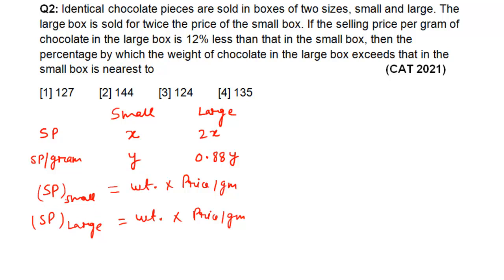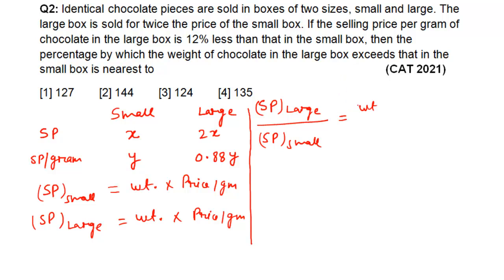Now if I divide the second equation by the first, I can write selling price of large divided by selling price of small equals weight of large divided by weight of small, multiplied by price per gram of large divided by price per gram of small.